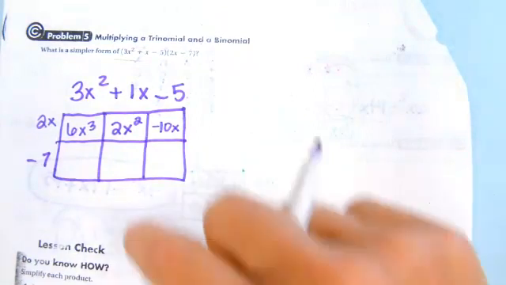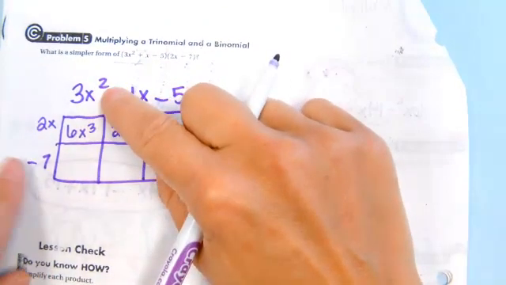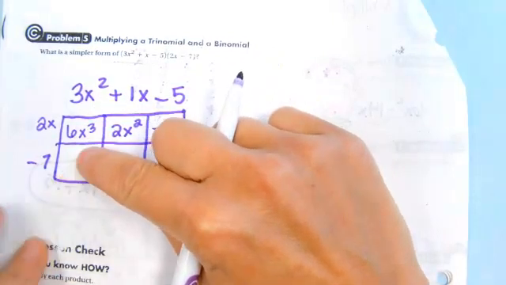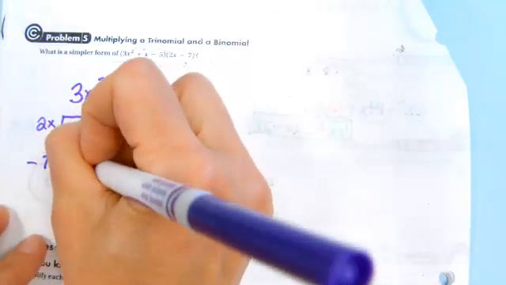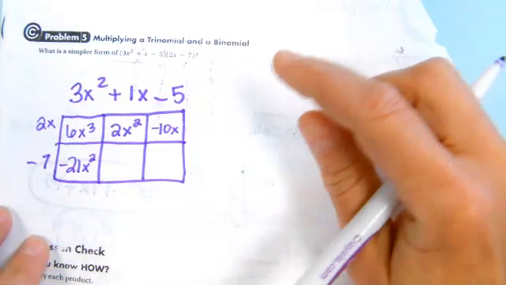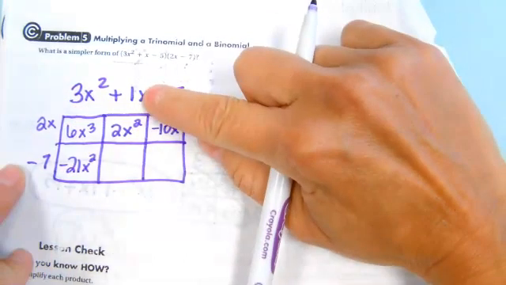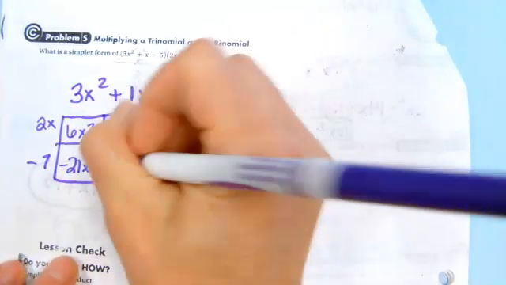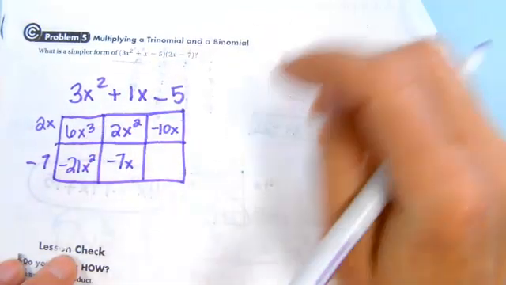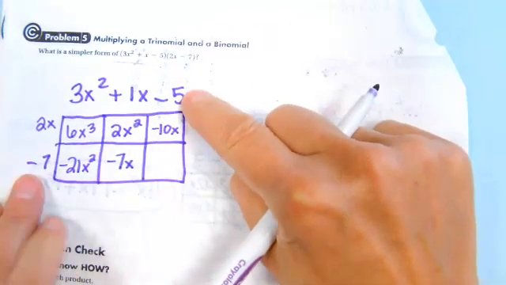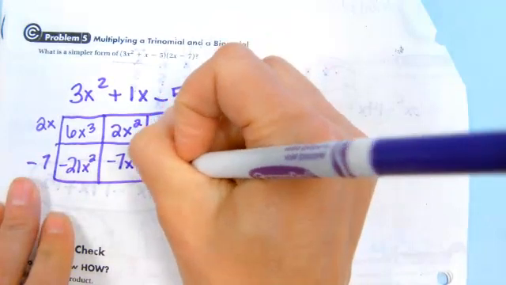Okay, now I'm going to do the bottom row. 3x squared times negative 7 is going to give me negative 21x squared. 1x times negative 7 is going to give me negative 7x. And finally, negative 5 times negative 7 is going to give me positive 35.